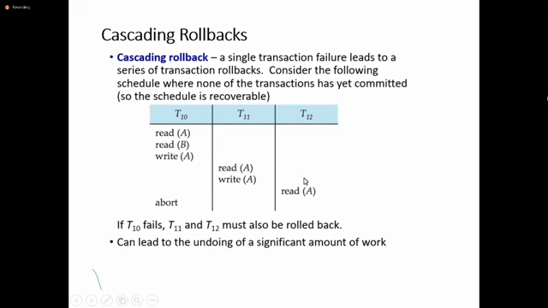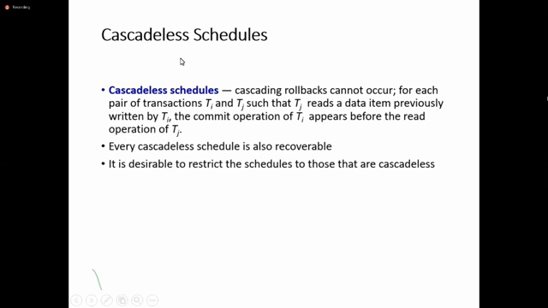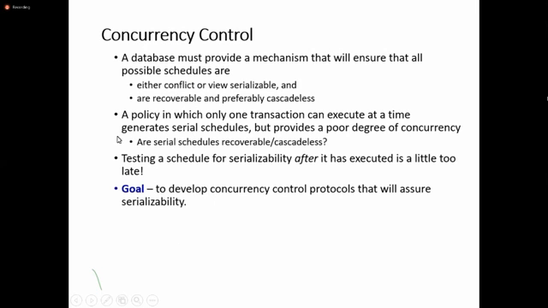Now you can see the three transactions going serially. But if T10 fails, then we want to roll back the other two transactions also. We will study this deeply in the recovery chapter. That schedule also you can study.